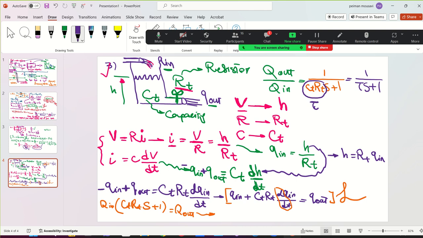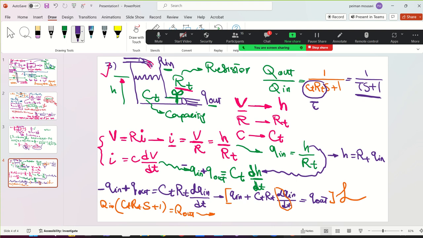Bingo! You saw the tank of water. It corresponds to the mass spring, I'm sorry, spring and damper, and it corresponds to the RC circuit. All three of them are first order systems with a stable pole in the left hand side, with the time constant specified for each system. You got it?